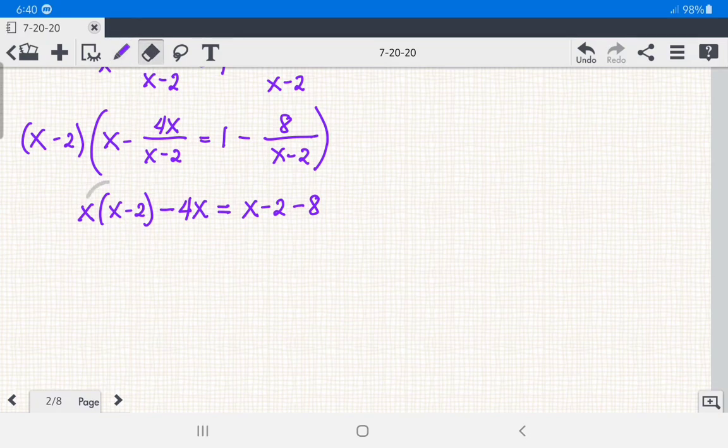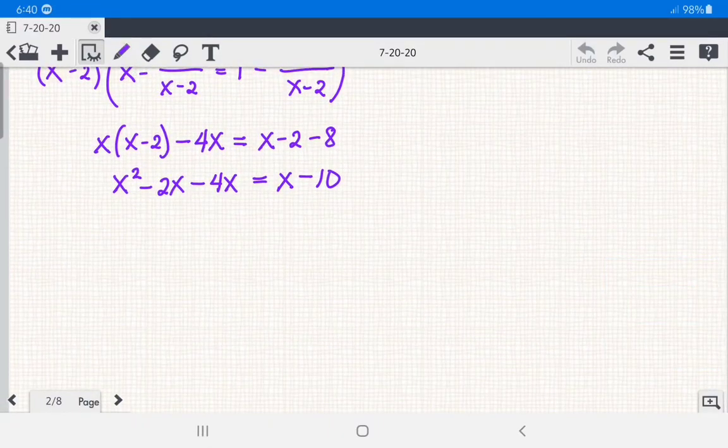Okay, then, let us simplify. We have x times x, we have x squared. Then, x minus 2, we have negative 2x. Then, minus 4x. Then, equals x, then negative 2 minus 8, we have negative 10. Then, let us now combine similar terms. We have x squared, negative 2x minus 4x, that is negative 6x.